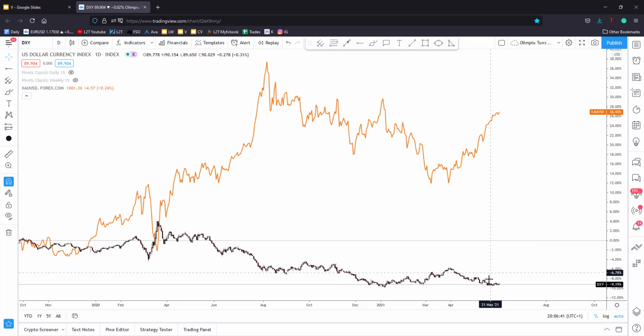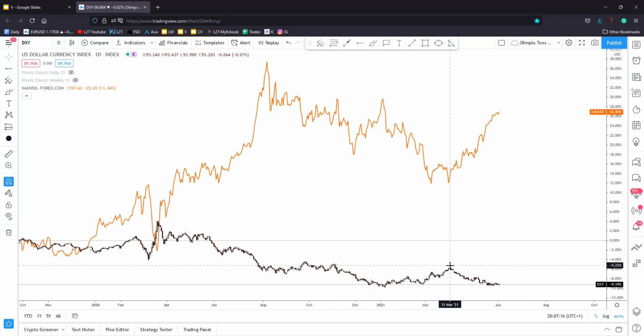And as you can see here on the last one, maybe this one is not a perfect correlation, but you can still use it, because personally, when I'm short on the US dollar, I will not go short also on gold, okay? Or when I'm long maybe in the US dollar, I will not be maybe long in gold.